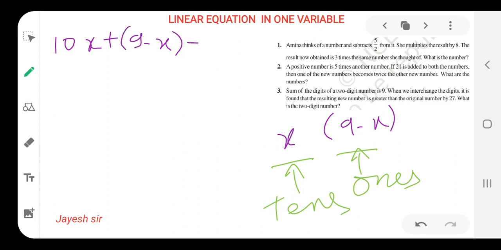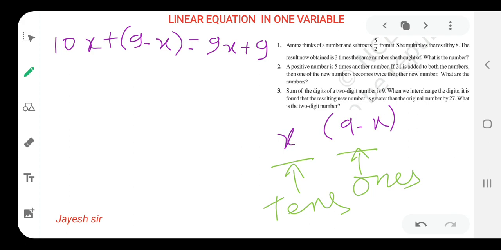So let's solve it: 10x plus 9 minus x will result in 9x plus 9. This would be our answer. As I am short of space, I will write 9x plus 9 over here. This is the first thing that we have done.